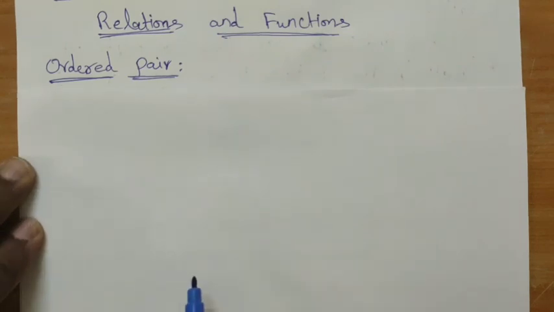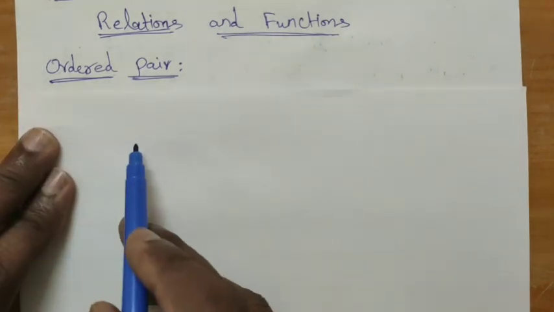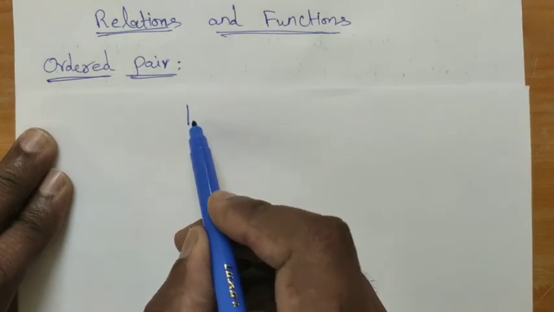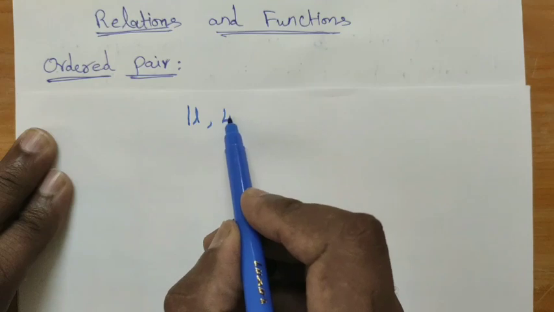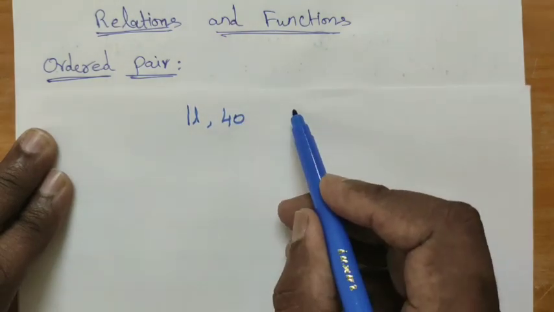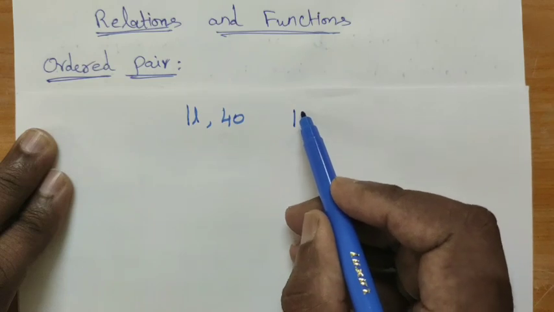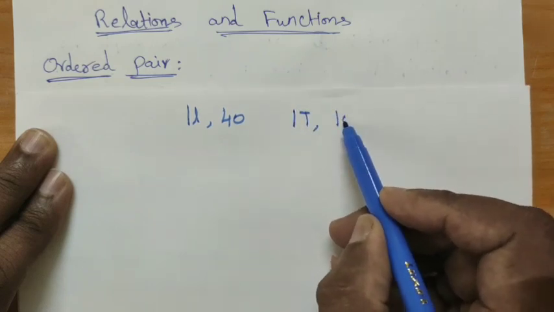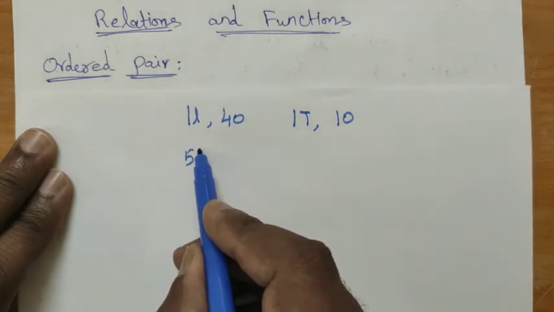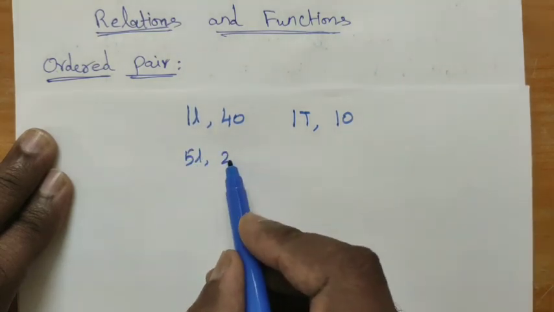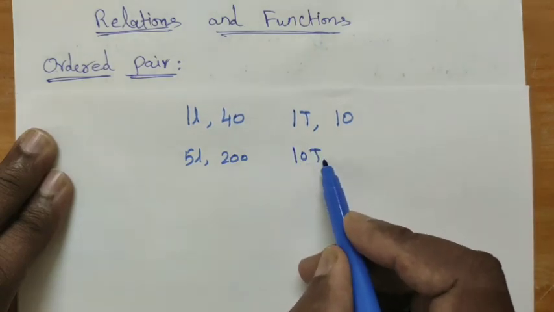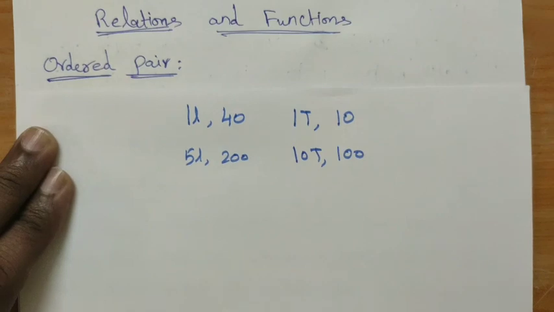For example, 1 liter of milk is 40 rupees, and 1 kg of tomato is 10 rupees. So 5 liters is 200 rupees, and 10 kg of tomato is 100 rupees.